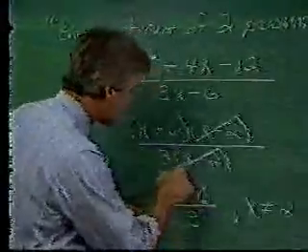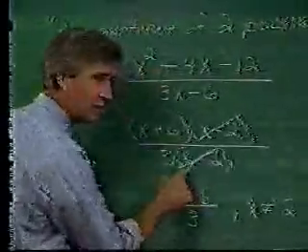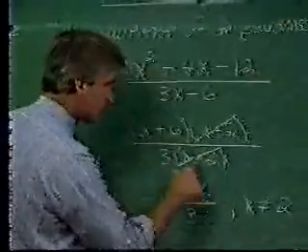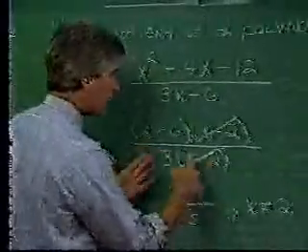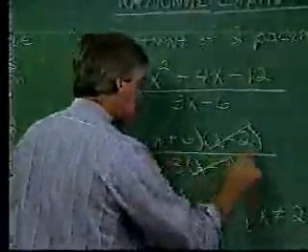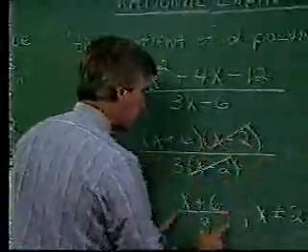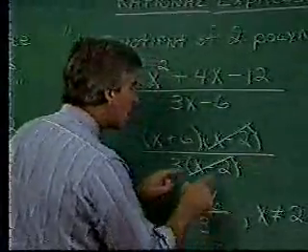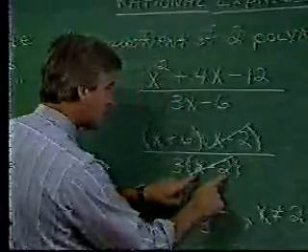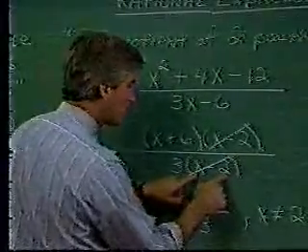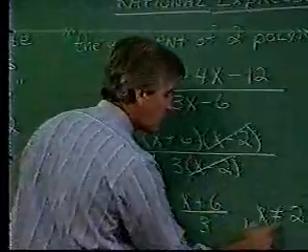So it means that x cannot take on the value 2 here, because 2 minus 2 would be 0, 3 times 0 would be 0, this denominator would be 0, and we disallow that. Since this expression and this one are equivalent to one another, we lose track of the idea that 2 cannot appear here in this denominator. And so we write x is not equal to 2.